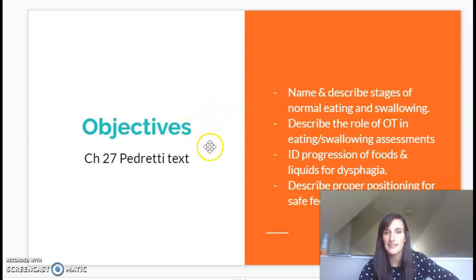We're going to talk about the identification process of food and liquids, the progression of foods and liquids for dysphagia. That's going to be like our modified diets and textures, thickened liquids, that sort of thing. And then we'll talk about proper positioning for safe feeding and swallowing, because that is a big area that they're going to look to OT for.